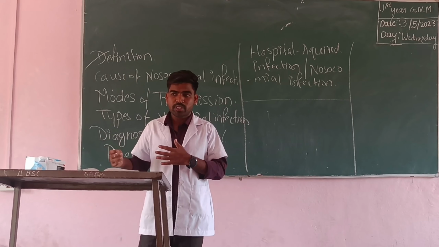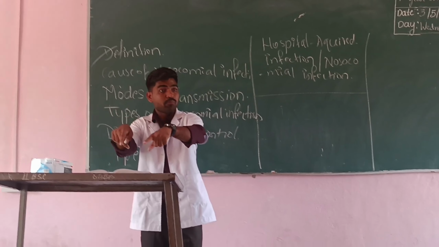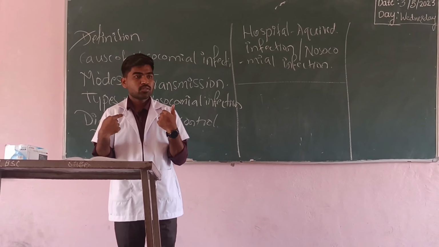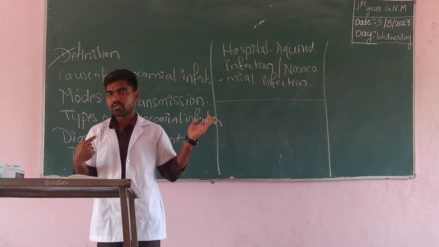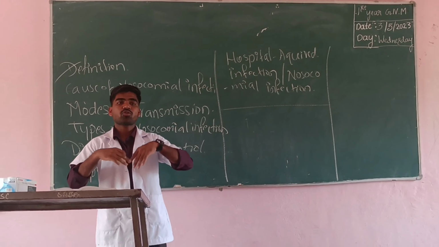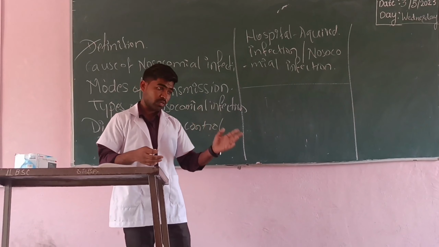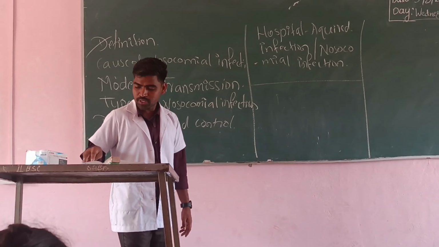We are staff in the hospital handling patients, and from the patient we get infected. That type of infection is nosocomial infection. So at that time we also protect ourselves, protect the patient, and also protect other patients. All are things we do in the hospital. Next, which one?